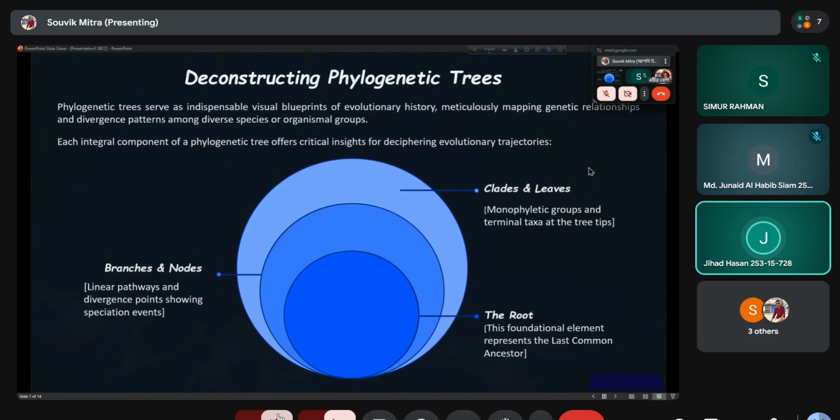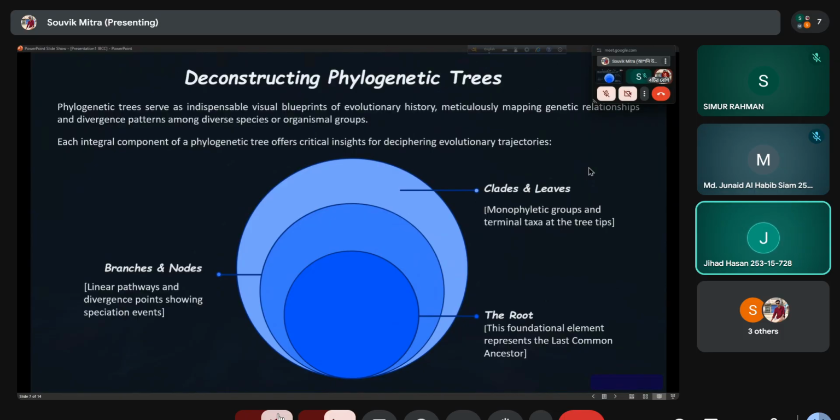Our topic is deconstructing phylogeny. To understand the history of life, we use phylogeny, the visual blueprint of evolution.